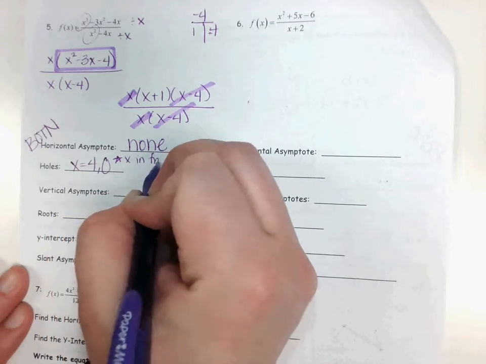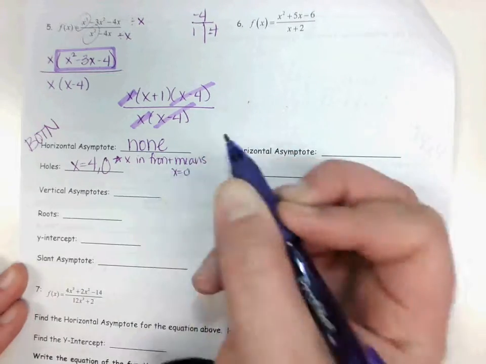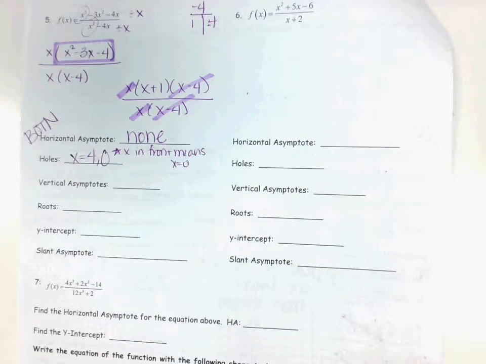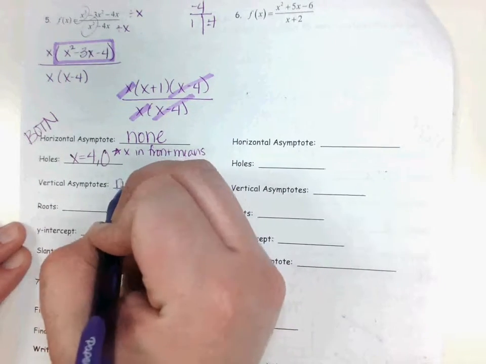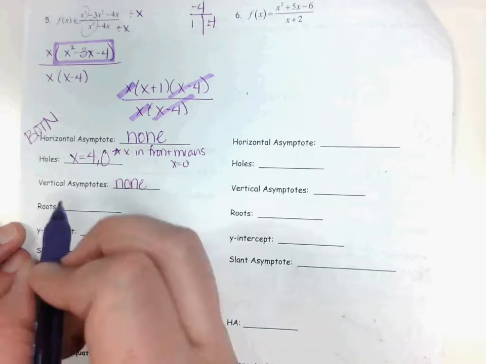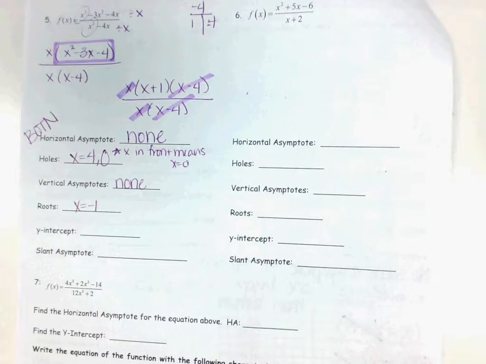X in front means x equals 0. Okay, then vertical asymptotes are x's left on the bottom. Was there an x left on the bottom? So none. Roots are x's left on top. Is there an x left on top? X equals negative 1. Because a plus 1 was left over, yeah?